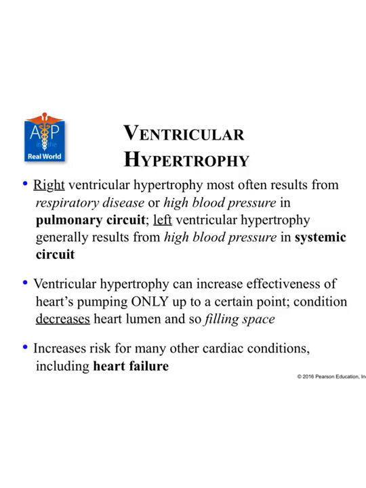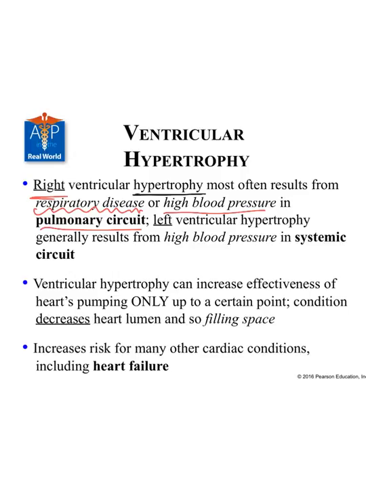If you see the enlargement more on the right side, remember that the right side of the heart pumps into the pulmonary circuit. So that typically indicates high blood pressure in the pulmonary circuit or some type of respiratory disease that's building up pressure and you're having a problem exchanging gases.